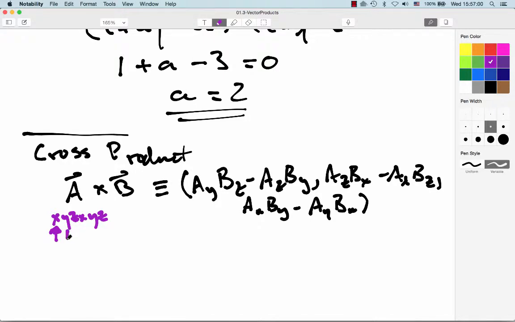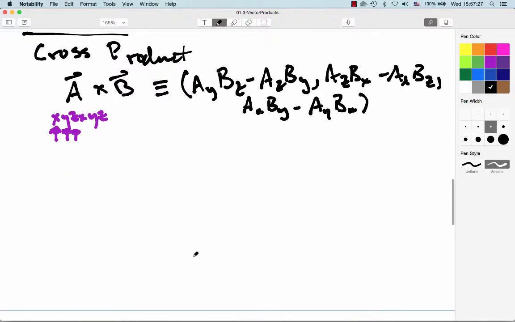Then to get the y component, we move our little arrowhead over one and look at the next two letters, zx. So we have zx, then minus the reverse xz. Then finally, to get the z component, we put our little arrow under the z, look at the next two letters, xy. We have xy minus the reverse yx. So that's a way to remember it. In a little bit, I'll show you another way that's also really useful.